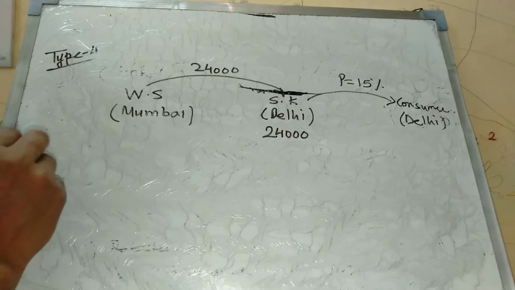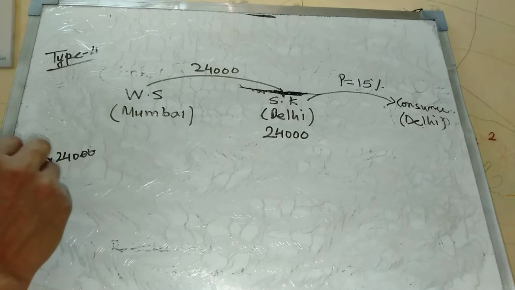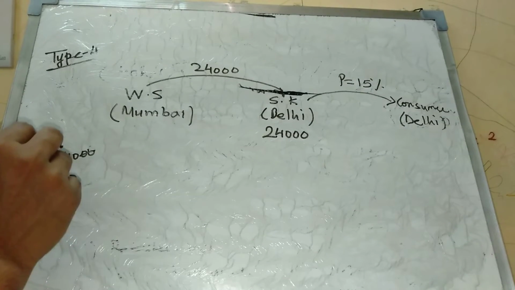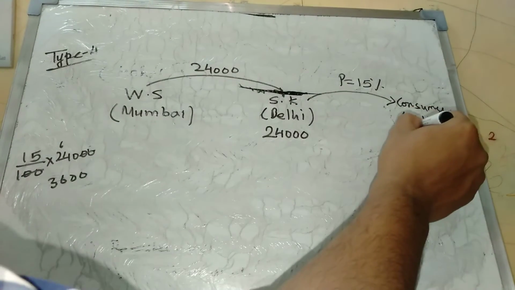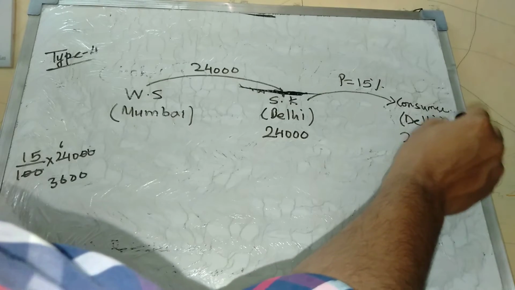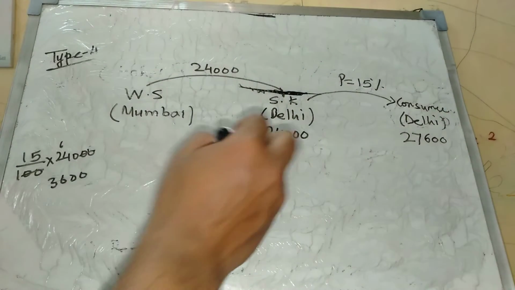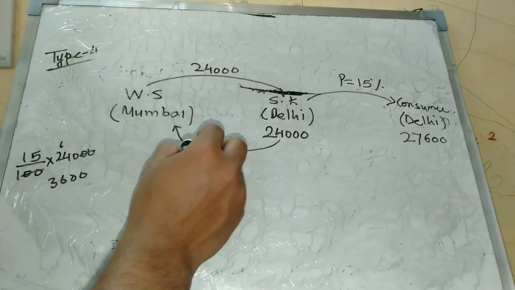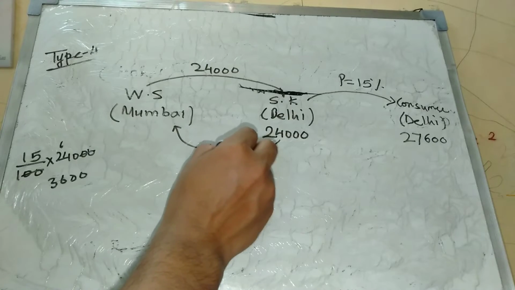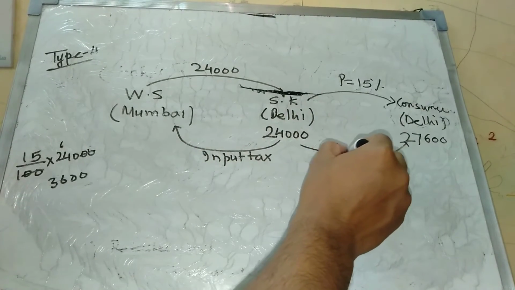So, 15% of 24,000 means 3,600. At a profit of 3,600, he sells the article to the consumer for rupees 27,600. Now, he will pay tax to the wholesaler, called input tax. He will receive tax from the consumer, output tax.